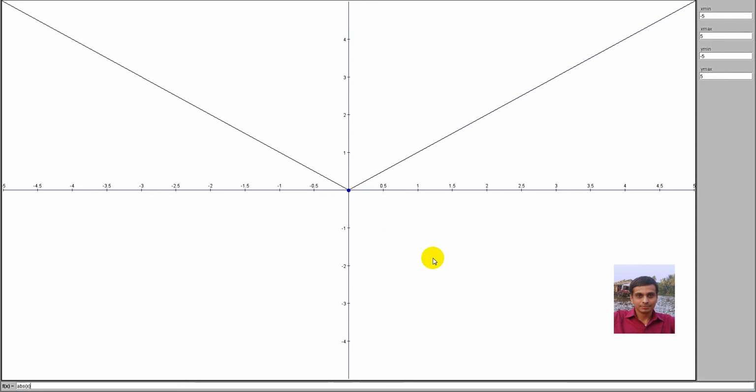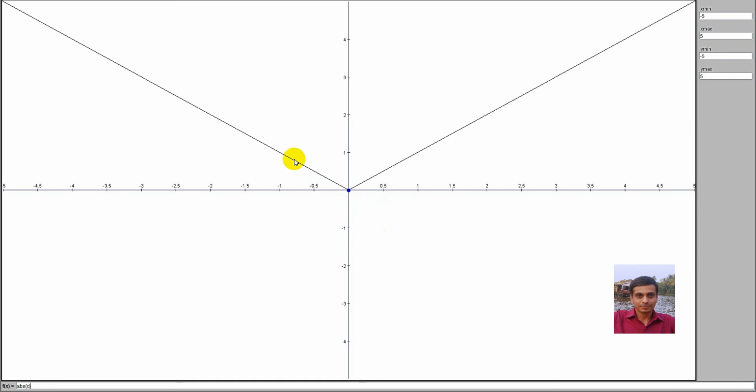At this point you observe that both lines have disappeared. Both, meaning secant and tangent line, in fact do not exist. So this is what happens when I try to achieve the limiting position through the right.